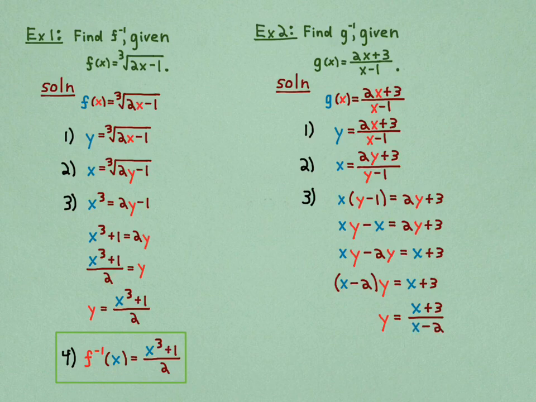So I get y equals x plus 3 over x minus 2. Then I have to change y to g inverse of x. That's what I was asked to find, right? Find g inverse. You give g inverse by saying what happens to x. So it looks like g inverse of x equals, right? And that just replaces the y. And then I'm done.